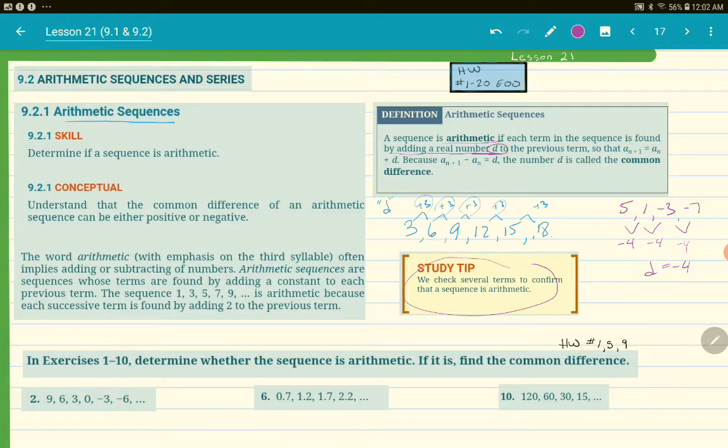These could be positive or negative, to the previous term, so that it actually can be expressed as a recursive formula where we have A sub n plus 1 is A sub n plus that difference. So you take your previous term and add D. Okay, so D is a common difference between each term.